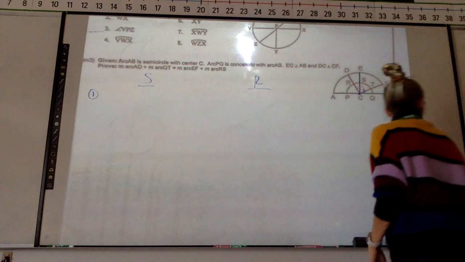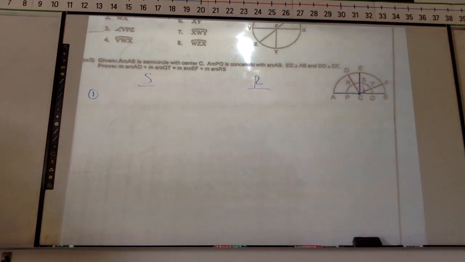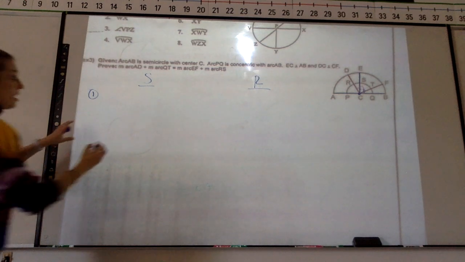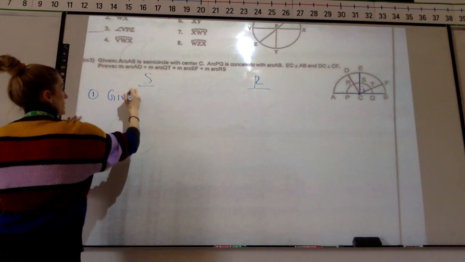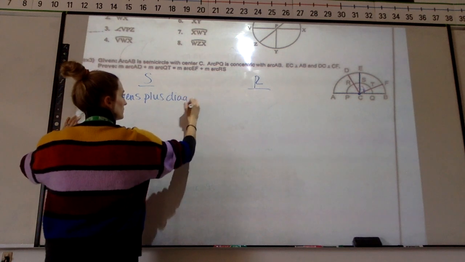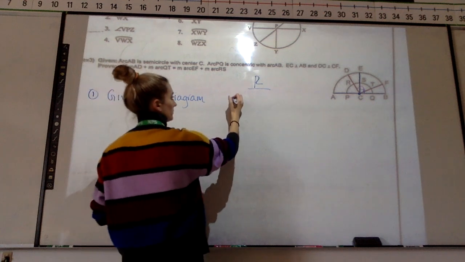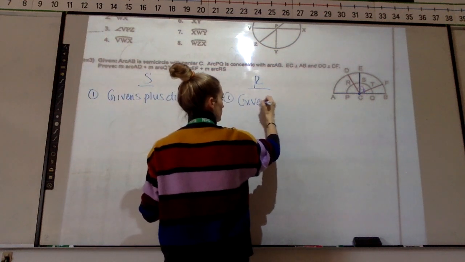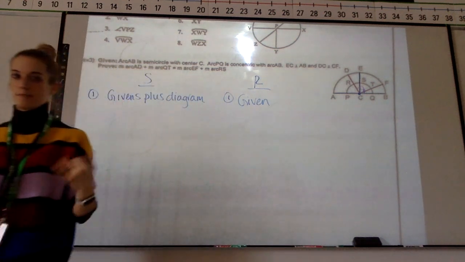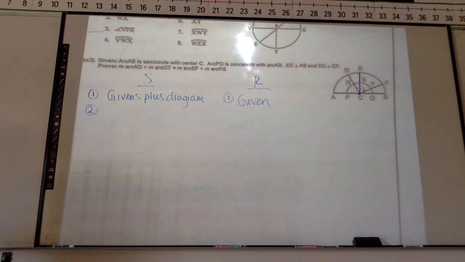All right, so we know how to start. We're always going to start with our givens. I'm going to do a little bit of shorthand here. Givens plus diagram. Basically covering our given information in that. Reason, given. A little bit of shorthand here just to make sure I'm cutting down on the time in this video. Second thing.